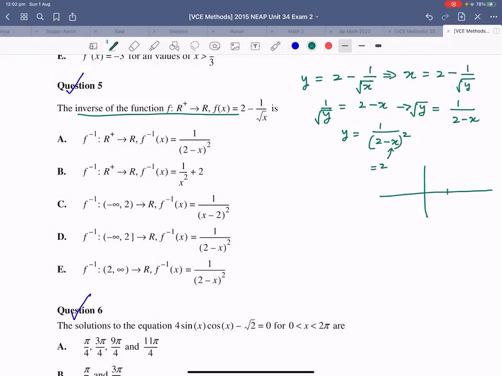So when you have x is equal to 2, there is an asymptote. Right? And how it looks like. Right? So 1 divided by 2 minus x squared.